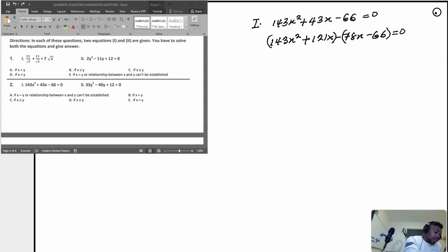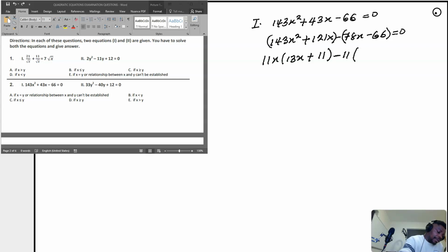What can go? That is 11. So 11 can go here. That is 11, that is 13. So 13x plus 11. Minus 11 can also go here, or what can go there? 78. 6 can go here.